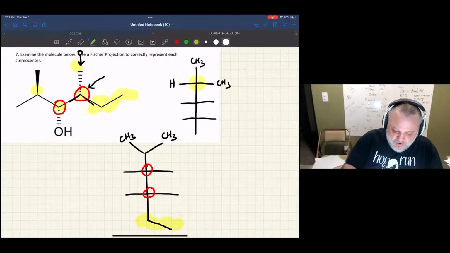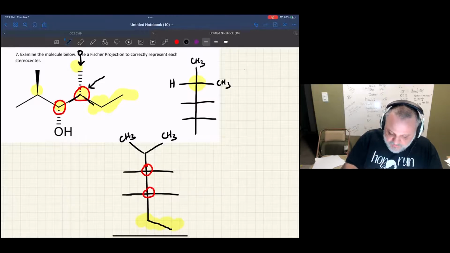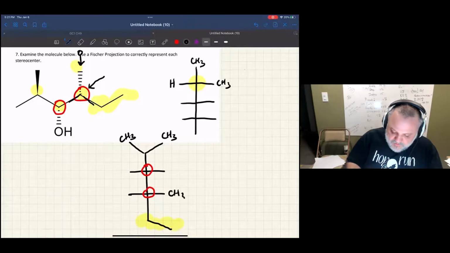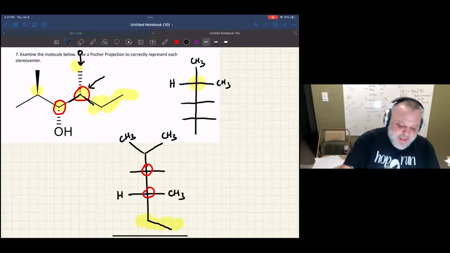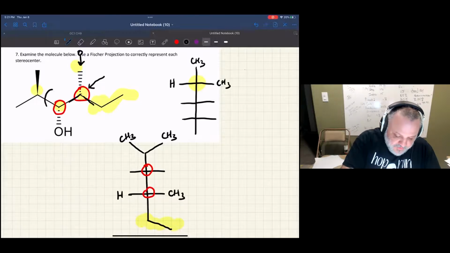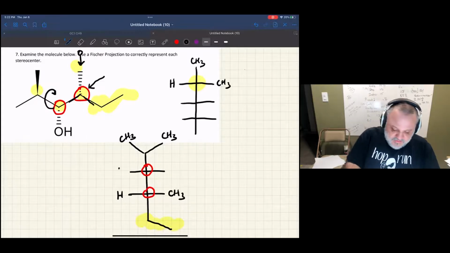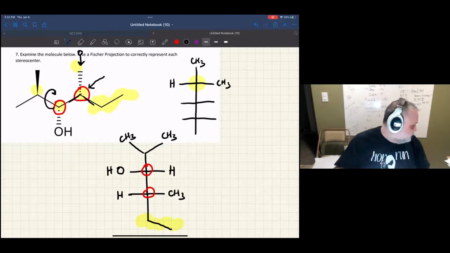Now instead of looking at it from the side, I'm looking at it from the top. And so that would imply that the methyl group is here, and that means this is there. Now, in order to orient this one correctly, I have to rotate this entire group so that the bonds point the other direction. And what that means is that the OH switches to the other side.